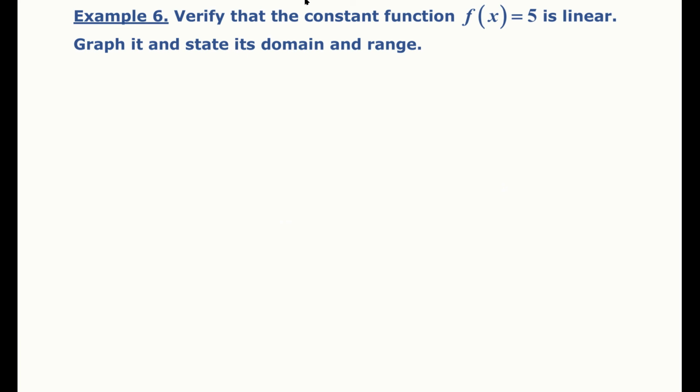We want to verify that this function is in fact linear. Remember, to show that a function is linear, all you have to do is show it can be written in the form of f of x equals mx plus b, where m and b are real numbers, and x of course is a real variable. All right, now we're going to try to do that for this function.